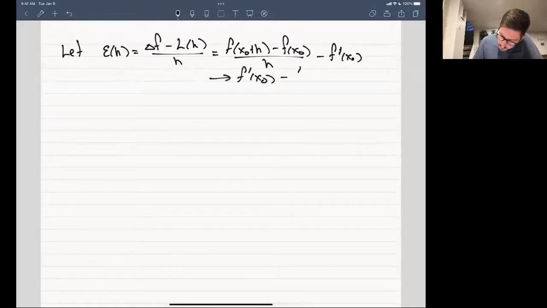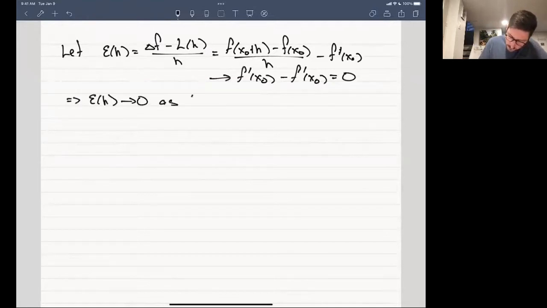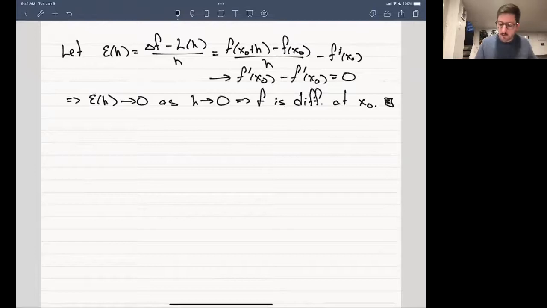The other piece doesn't depend on h, so it is just f prime of x0, so the difference is clearly equal to 0, which implies that epsilon of h approaches 0 as h goes to 0, which shows f is differentiable at x0. And that gives us our proof, right?